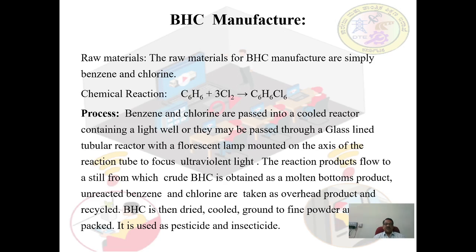It is produced by benzene and chlorine by chlorination of benzene to benzene hexachloride in presence of ultraviolet light in glass lined tubular reactors which produces BHC, which is then taken to a still where BHC is obtained as molten product at the bottom, and the unreacted benzene and chlorine are separated for recycling.